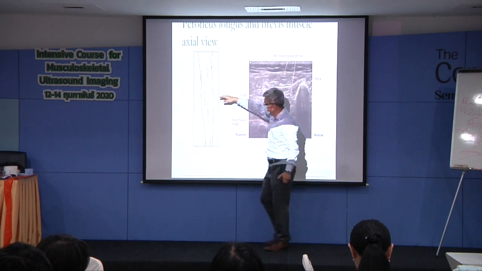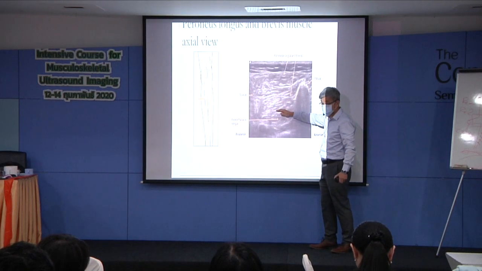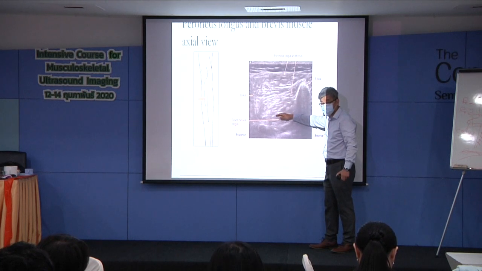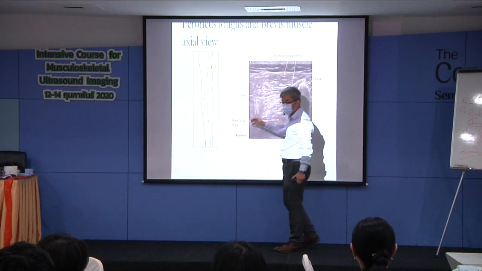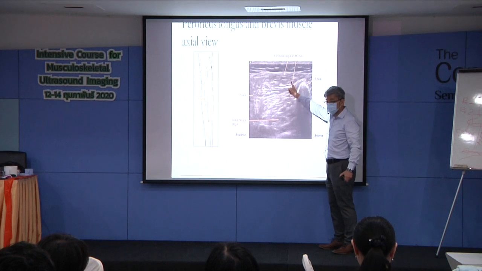When you go down, the peroneal brevis appears in the deep part. And when you move down, the peroneal longus tendon shows up close to the malleolus.